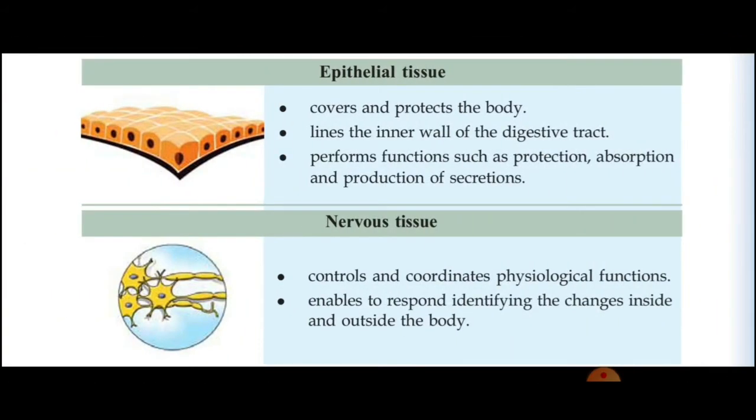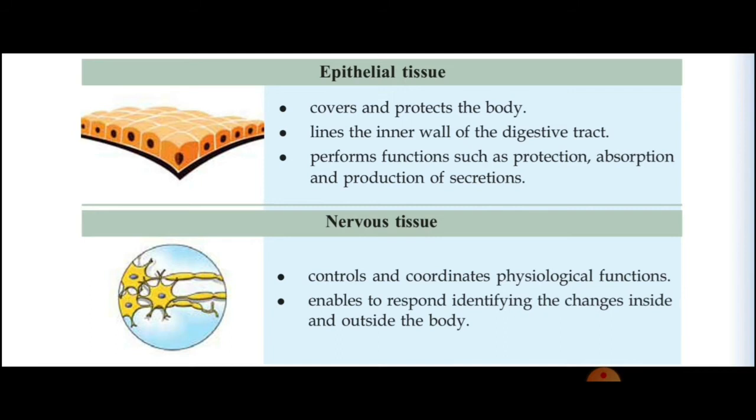Then types of tissues. I told you our main part today is types of tissues. First type, epithelial tissue. You have to read like that, epithelial tissue. It covers and protects the body.